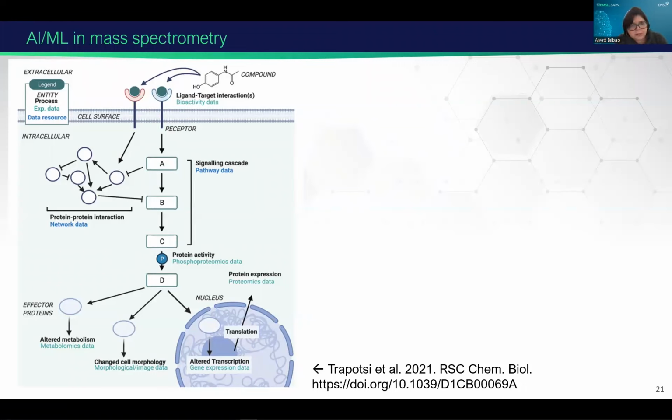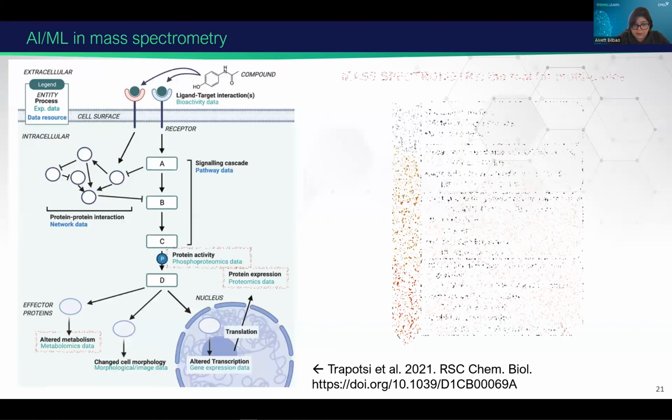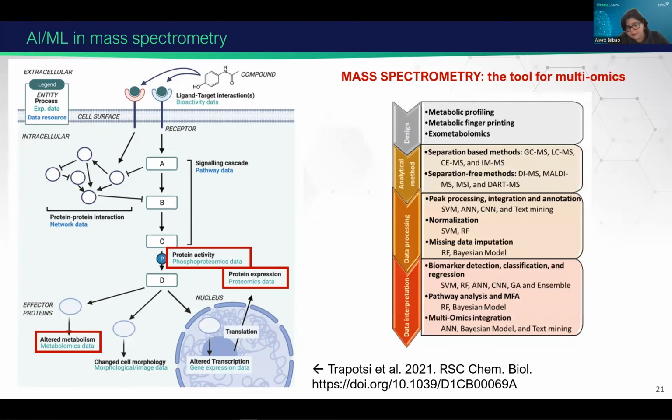To study biological systems, there is a series of networks of molecules that interact, as Jeremy was explaining, and the tool to study these molecules at the phenotype level is mass spectrometry, where we can do that with proteomics and metabolomics. Currently, machine learning is being used at basically every level of the mass spectrometry workflow to process the data, but we are working to improve that.